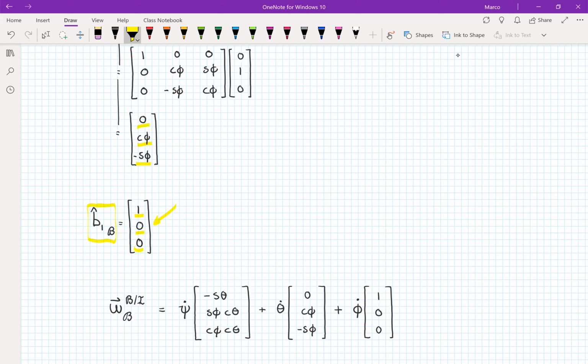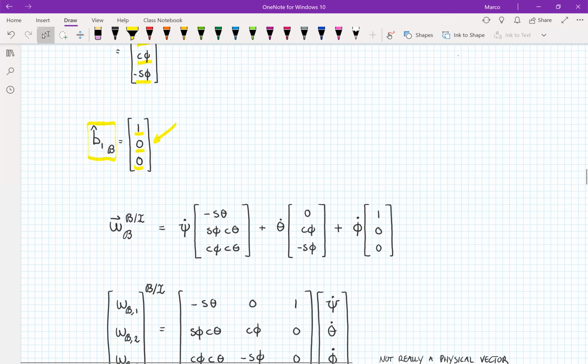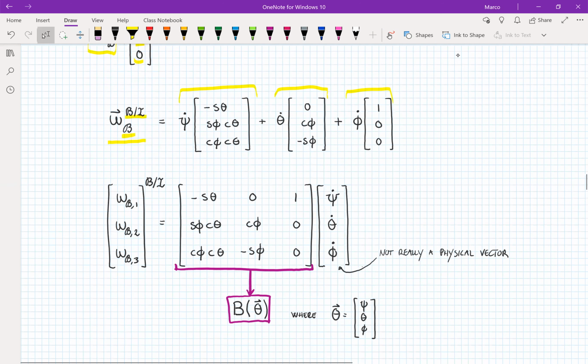Okay, so finally, we have all the ingredients to write the angular velocity of the body frame of reference with respect to the inertial frame of reference, written in the body frame of reference coordinates. We have these three vectors. We just sum them up, and we can write it in matrix form.